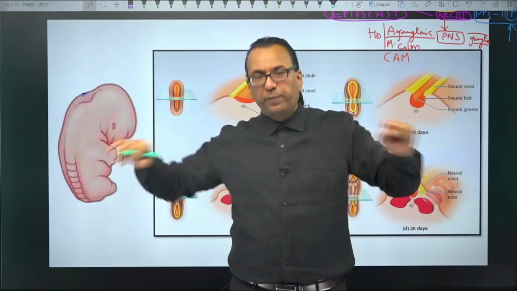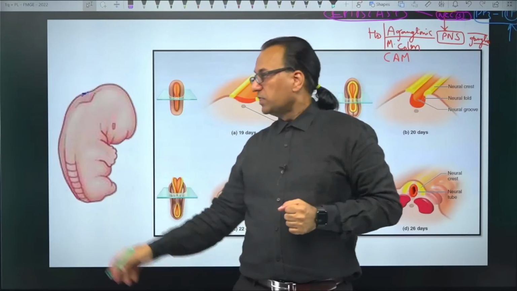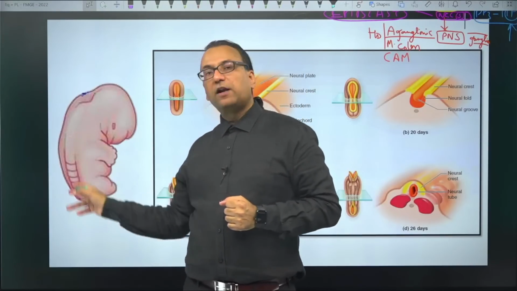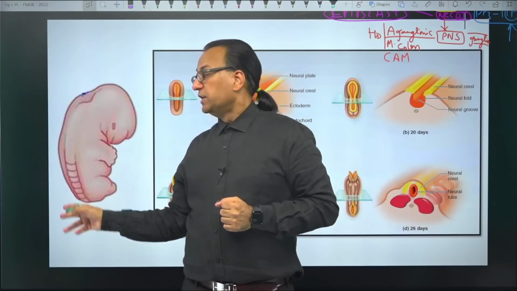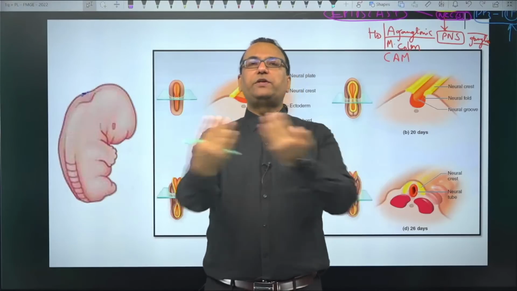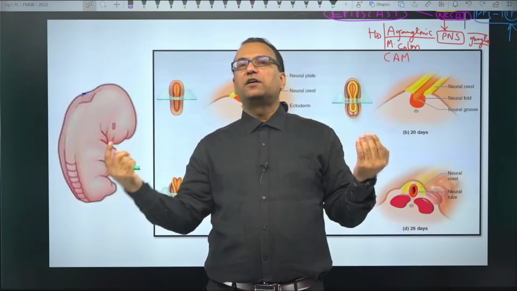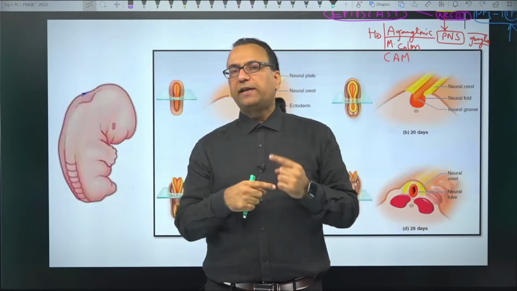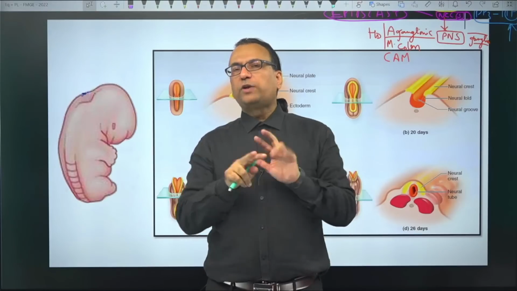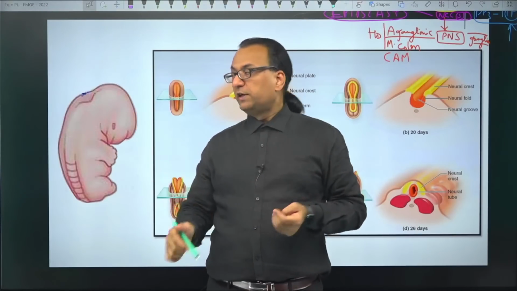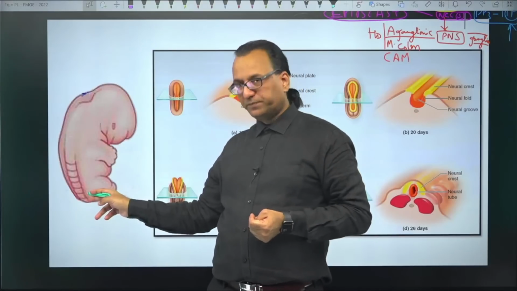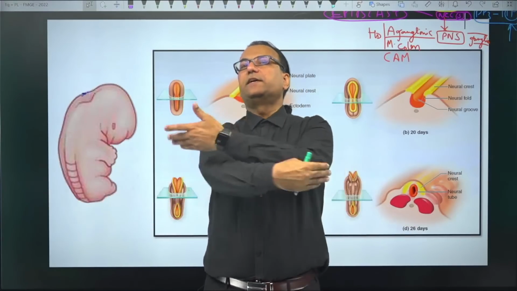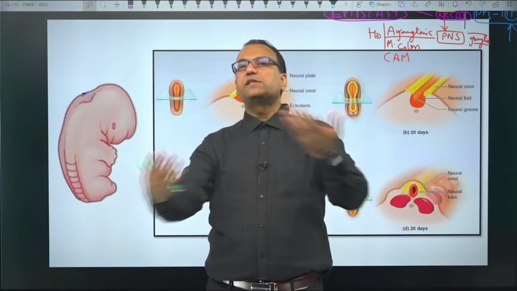If you open the vertebra, what will be inside? The spinal cord. Where is the spinal cord coming from? Neural plate ectoderm. So skin is from surface ectoderm and spinal cord is from neural plate ectoderm. These two types of ectoderm are what we see on the dorsum of the baby, on the exterior. Exterior most is ectoderm.